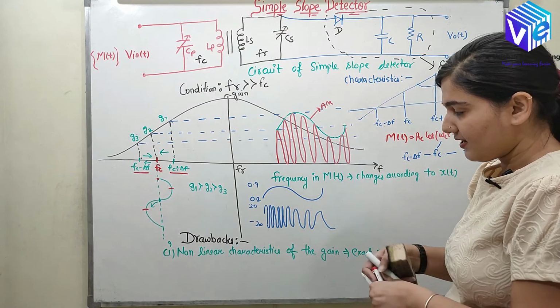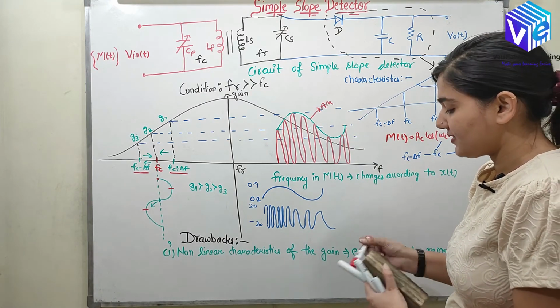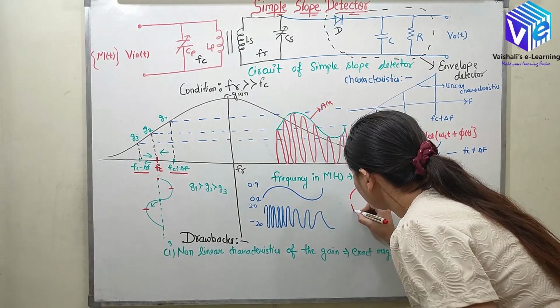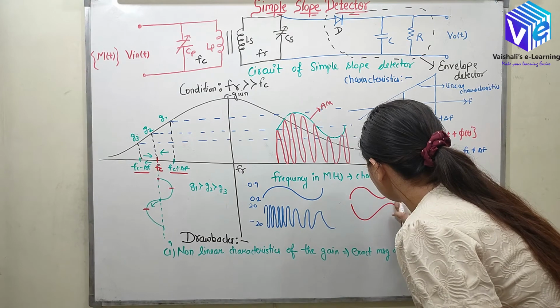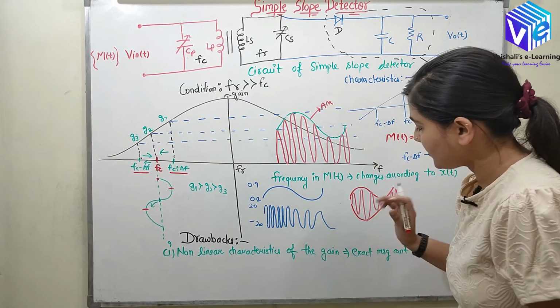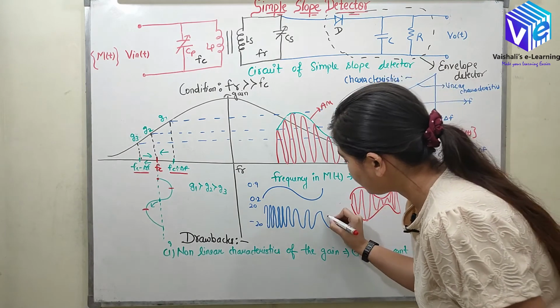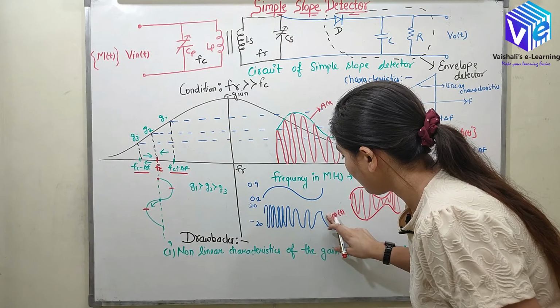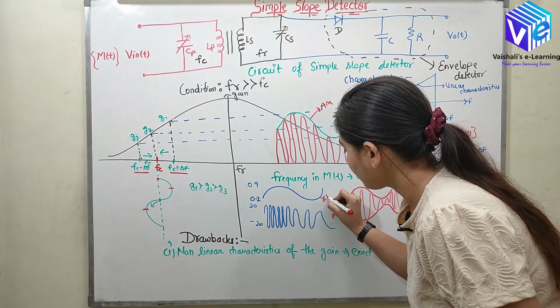So let's take the amplitude modulated signal has the value. So this is my amplitude modulated signal. This was the frequency modulated signal, FM(t), and this was my x(t).